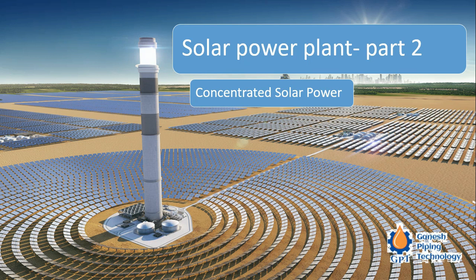In the first episode we saw battery operated solar power plants, which utilize sunlight to store the energy of the sunlight and convert it into chemical energy, which is released further to obtain the electric power. Then the second one was the concentrated solar power plant.